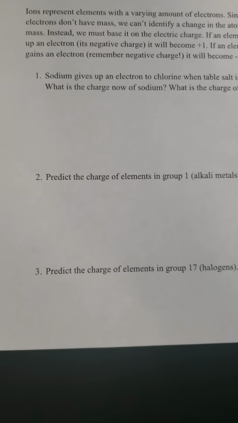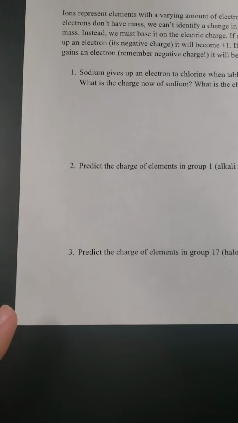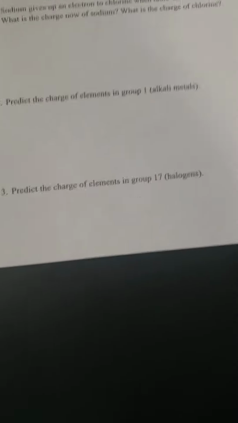So sodium will now become positive 1. And chlorine, that gains that electron, will now become negative 1. Does that sort of halfway make some sense? Yeah. All right. Write that down. Give it a try, guys. I'll come back around and see where you're at, all right?